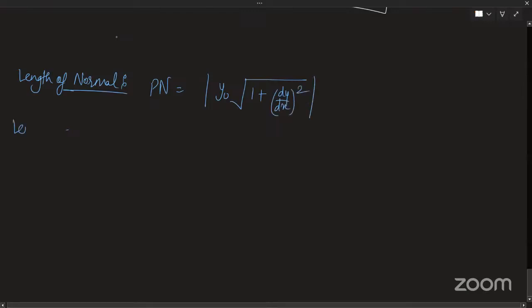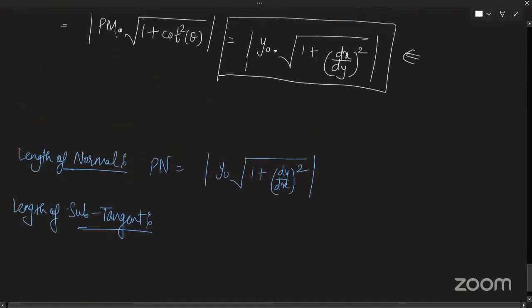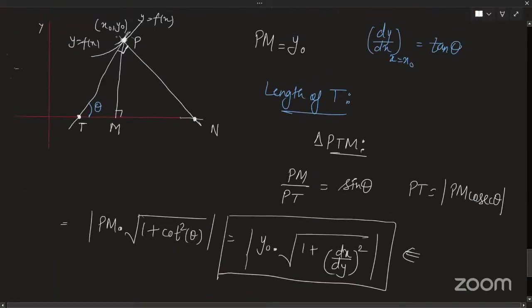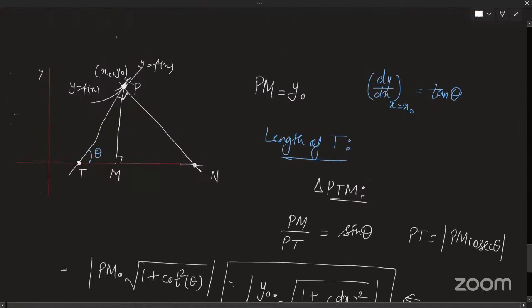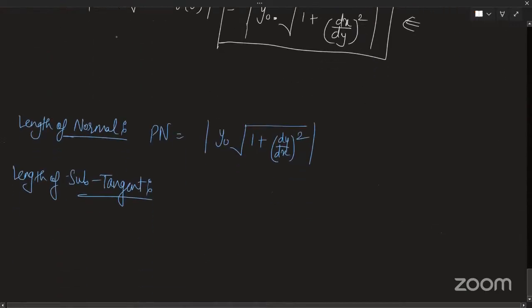Similarly, we have length of subtangent. Subtangent basically means this thing, TM. The distance between the perpendicular dropped from the point P and the point T where the tangent touches the x-axis. So this TM is called subtangent.